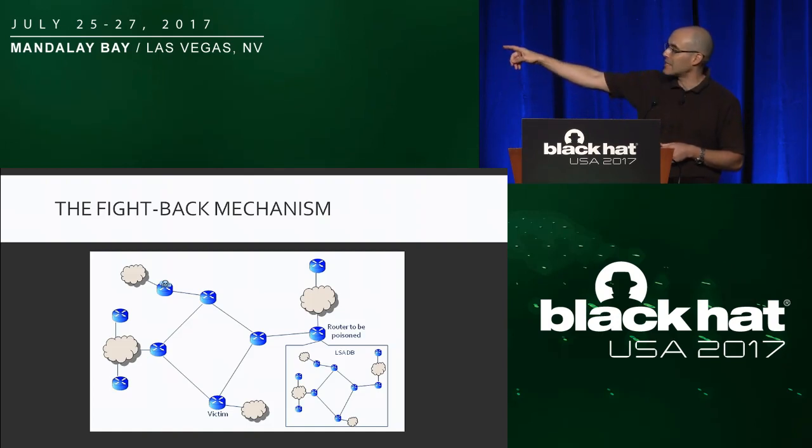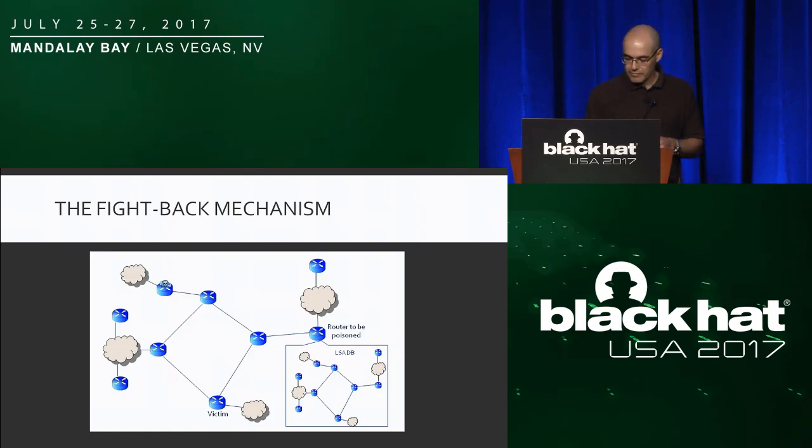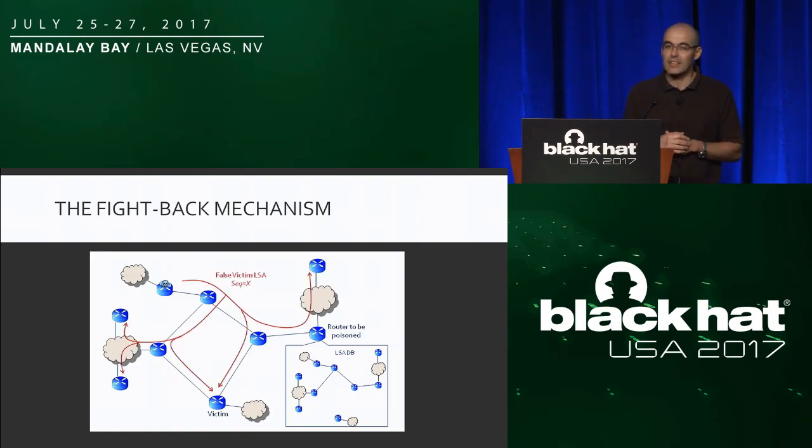For example, it can send out a false LSA on behalf of the victim router at the bottom of the slide. So let's say it does that, which means that now everybody receives this false LSA with the false link. And now, for example, everybody thinks that the victim router is disconnected from the network, in this example.